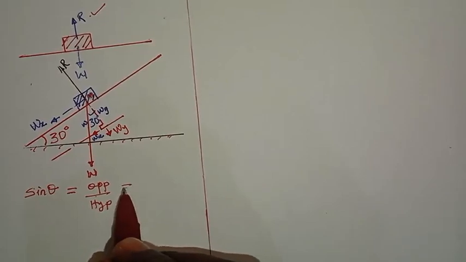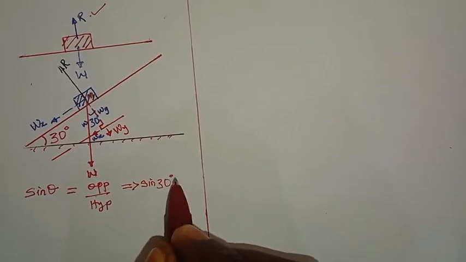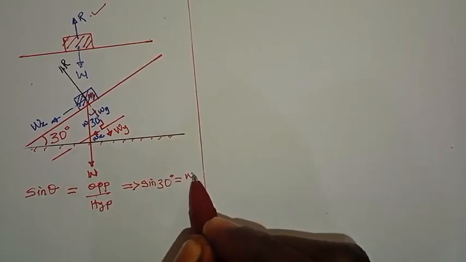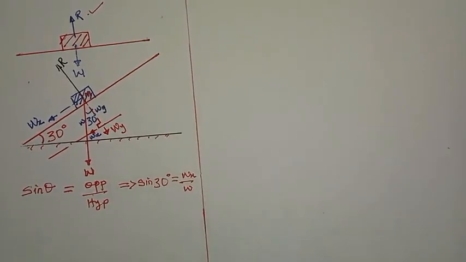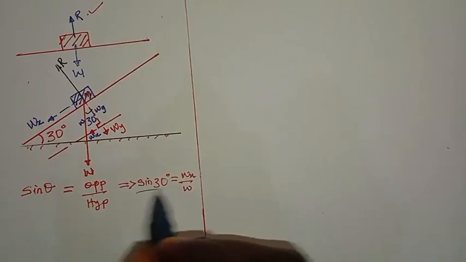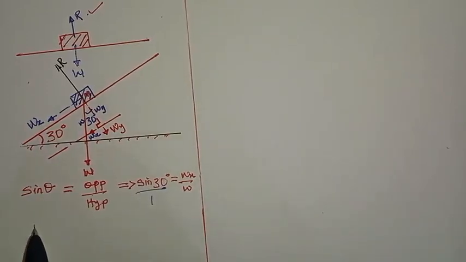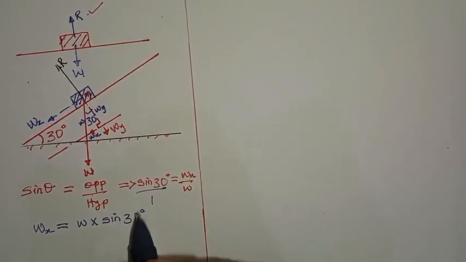So that implies sine 30 degrees will be opposite, which is WX, all over hypotenuse, which is W. So when I make WX the subject of the formula by cross multiplying, I'll have WX equal to W multiplied by sine 30 degrees.